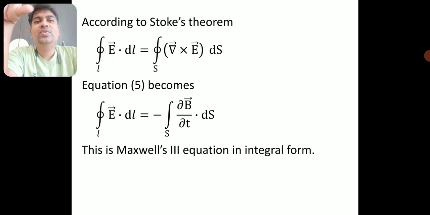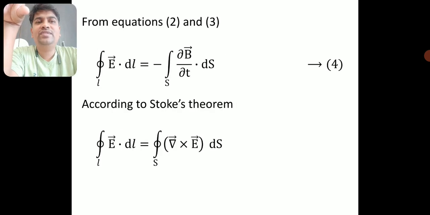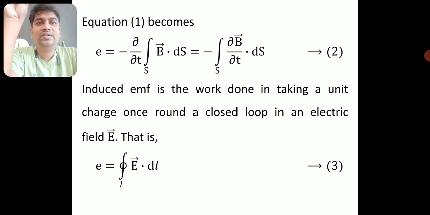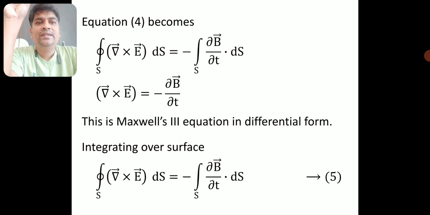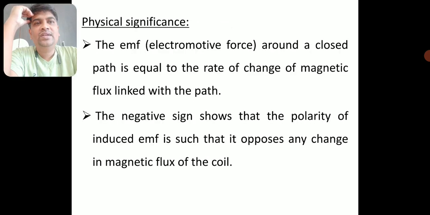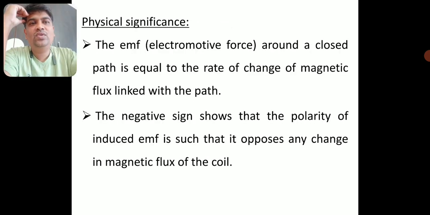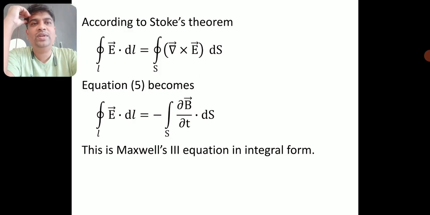Let's go back and see the differential form. Maxwell's third equation is: curl of E is equal to minus ∂B/∂t. It says that the EMF around a closed path is equal to the rate of change of flux linked with the path. So it is minus ∂B/∂t.